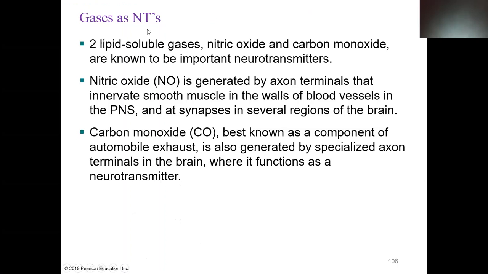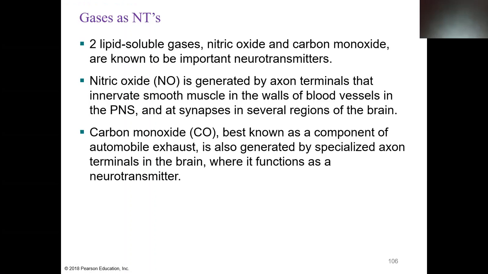We also have gases as neurotransmitters. As weird as that sounds, nitric oxide and carbon monoxide can be used as neurotransmitters. I talk more about the NO in 2402 when we get into the cardiovascular system, because of its role in that system. It's especially important to understand how that works with diabetic patients.